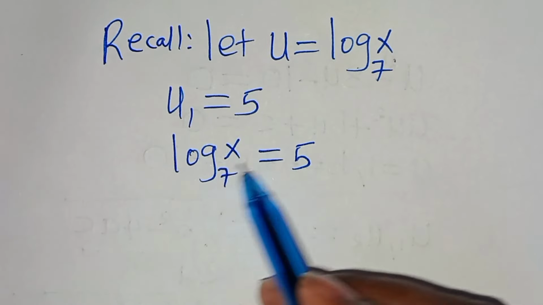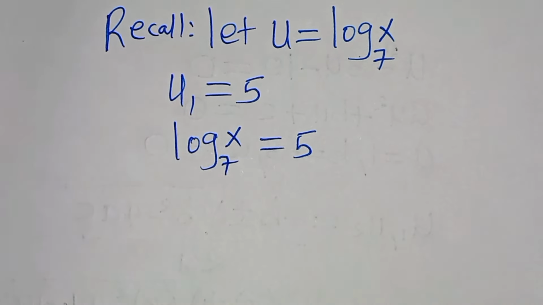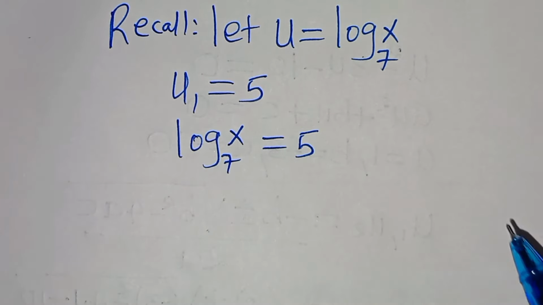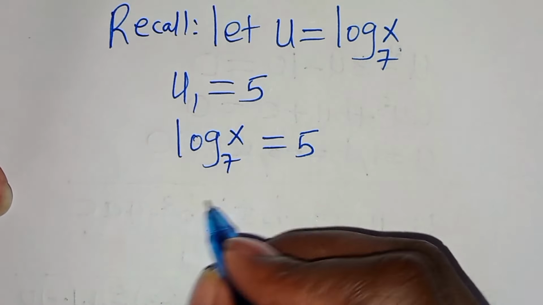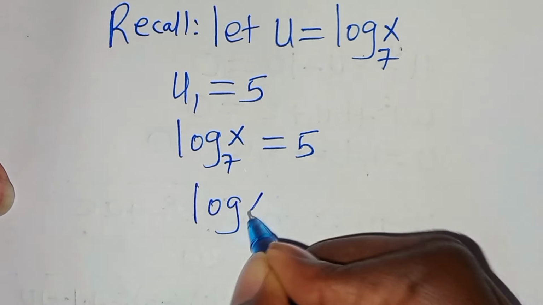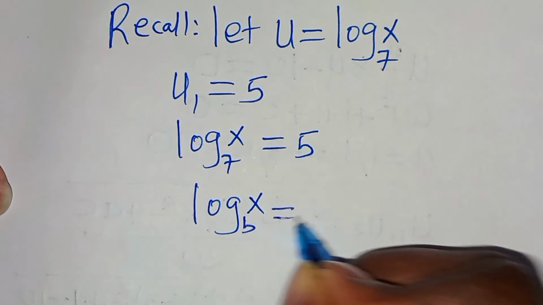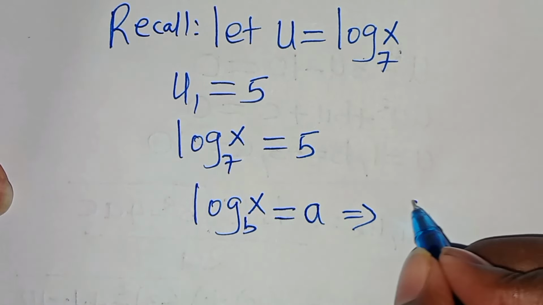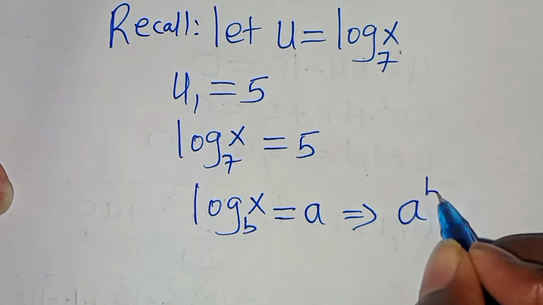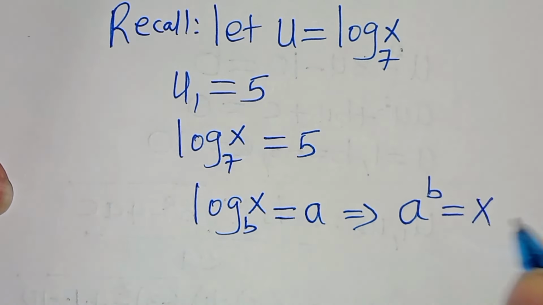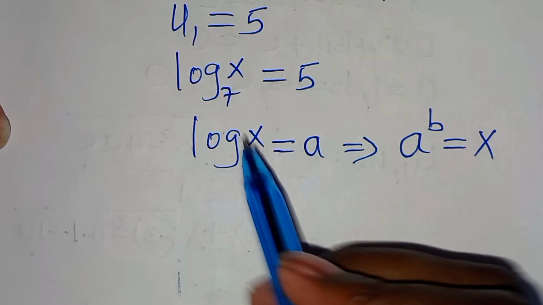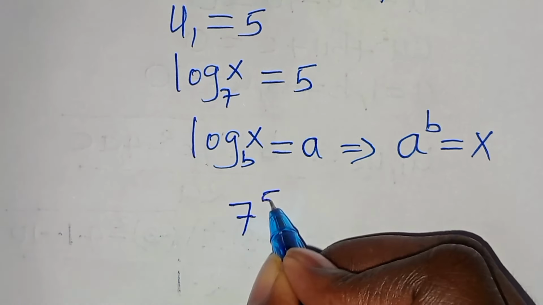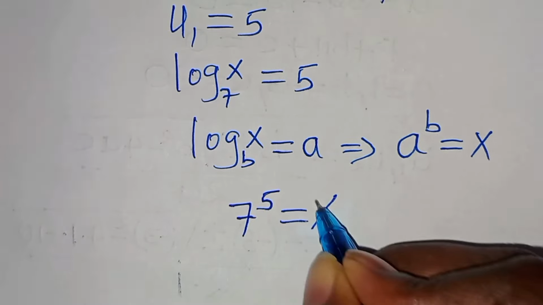Now we can solve for x here in two ways. The first one is to change the logarithm notation into index notation. That is, if we have log x to base b equal to a, then this can be changed to index notation as b to the power of a equal to x. So from what we have here, this is the same thing as 7 raised to the power of 5 equal to x.